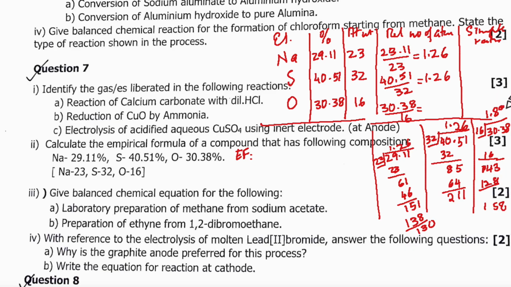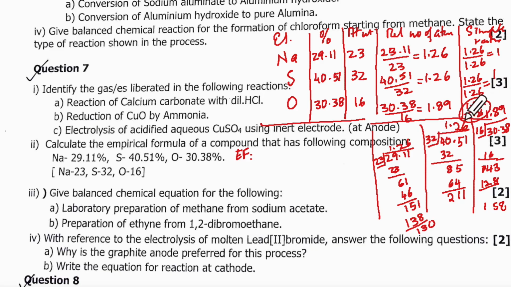So it is 189. Fine. 1.89. Now, can you see over here? It will be 1.26 upon 1.26, which is 1. 1.26 upon 1.26 will again be 1. But here it is 1.89 upon 1.26.